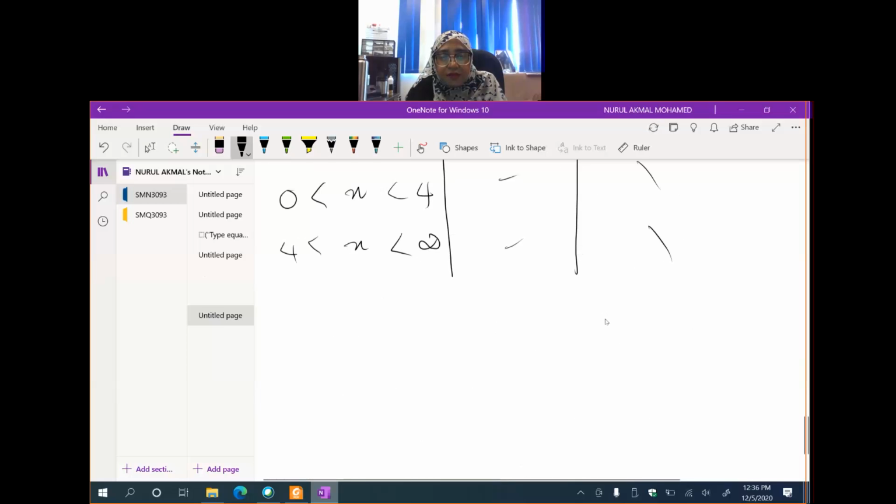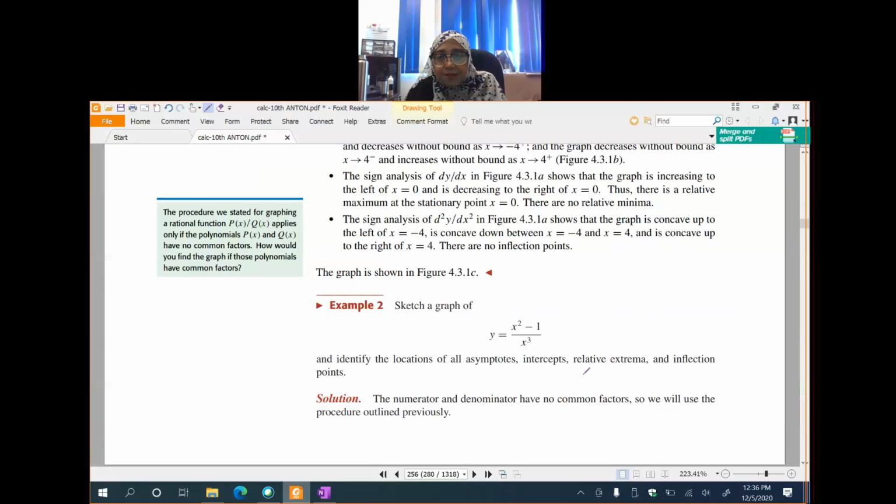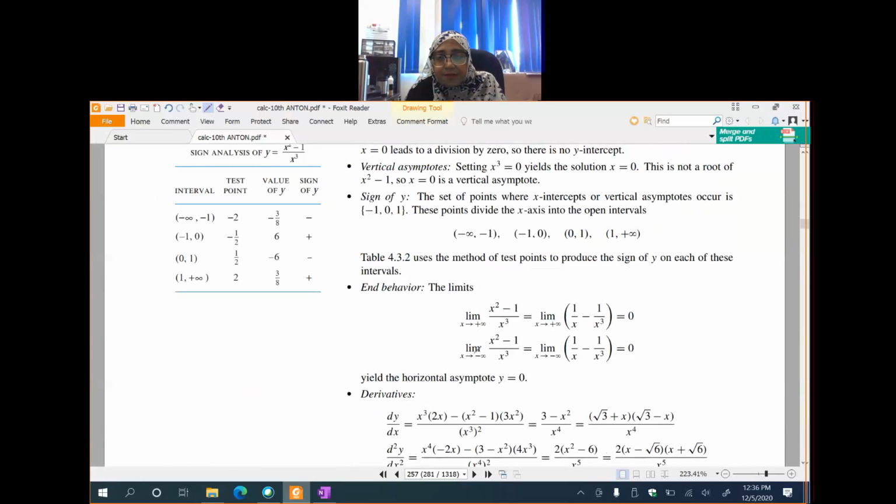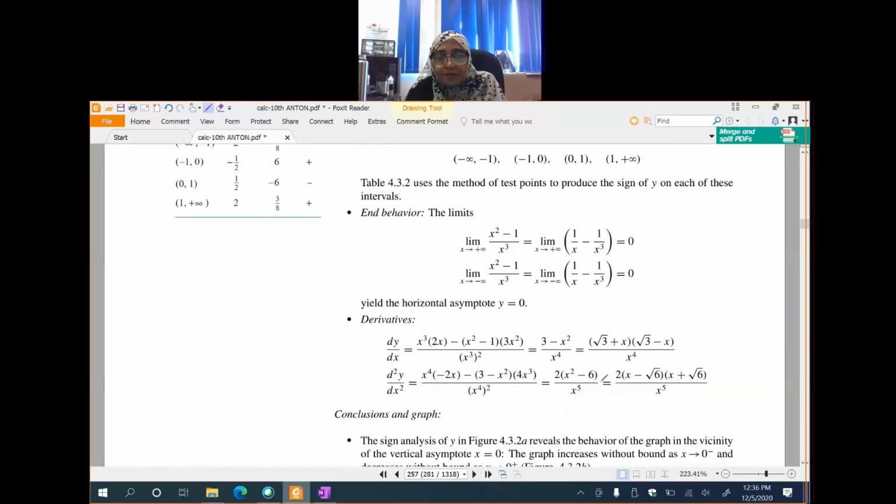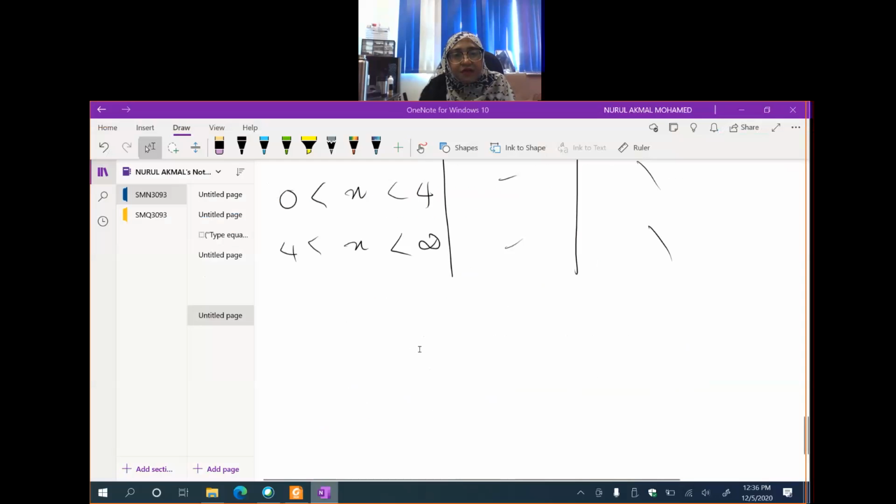Okay, what about the second derivative test? So for the second derivative test, the second derivative is this one. We use the same critical points.